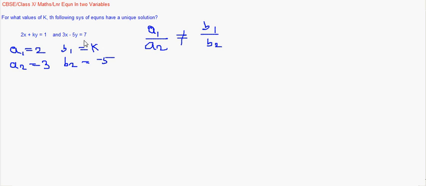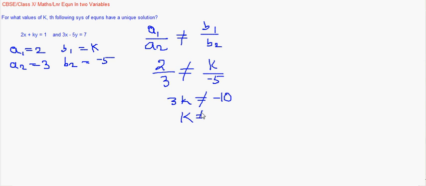So a1 by a2 is 2 upon 3, and it should not be equal to k upon minus 5. So 3k should not be equal to minus 10, and k should not be equal to minus 10 upon 3. This is the condition where you will get a unique solution.